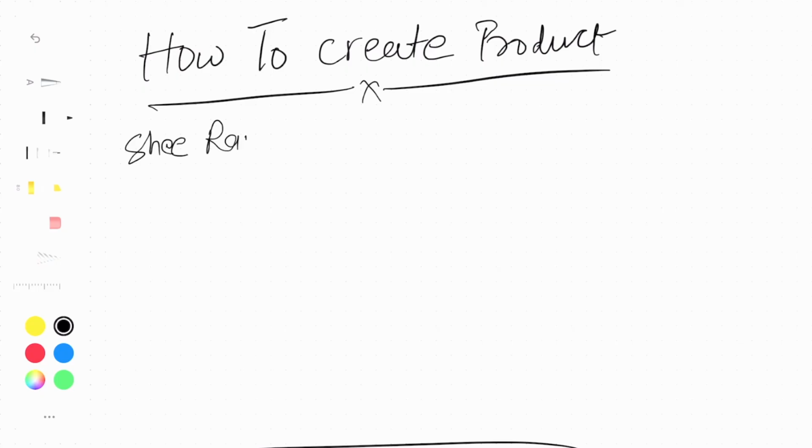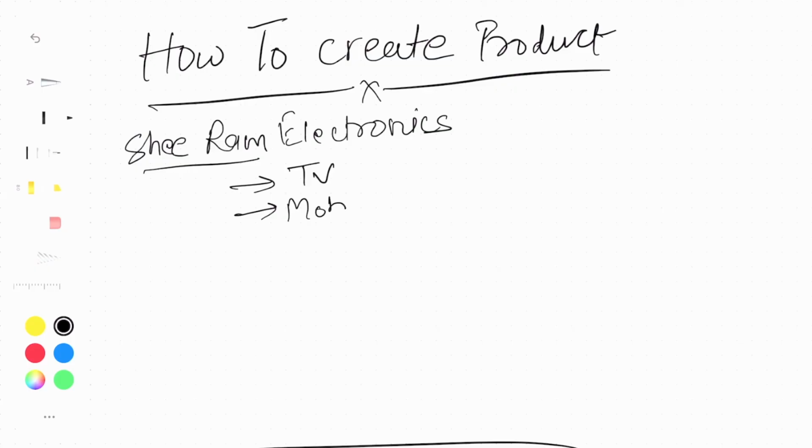In this store we have some sections like TV, mobile, kitchen, etc. We will pick one particular section and explore it.